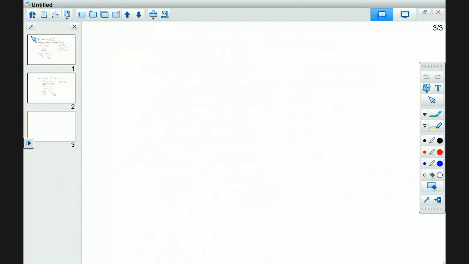This is a tangent secant. So 2 secant squared x minus tangent to the 4th x equals -1, I think. Yep.